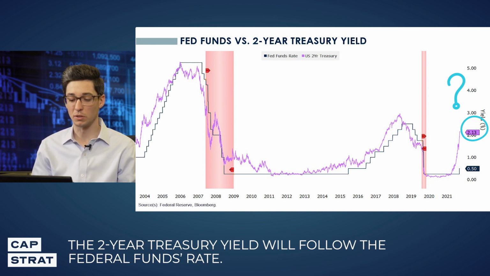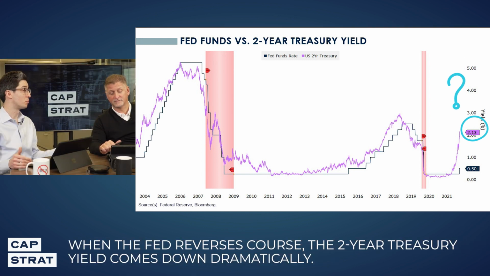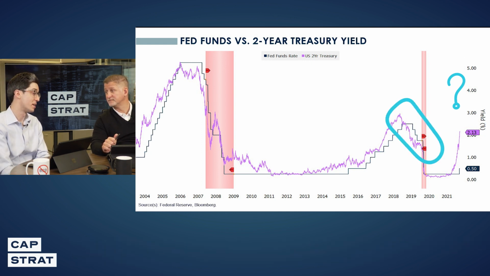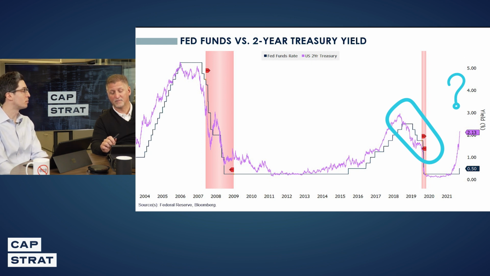There also is potential, if you look at this chart, especially during the red shaded areas, when the Fed reverses course, the 2-year comes down dramatically, very quickly. For example, during COVID, or when they started cutting interest rates in 2019. But this rise we've seen has been probably the sharpest increase in 2-year note yields we've seen in the post-global financial crisis era, certainly.